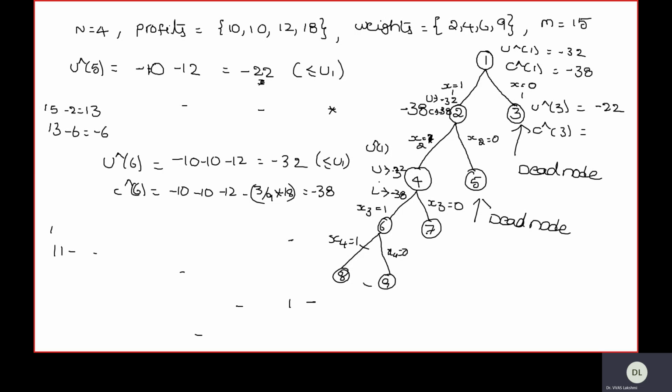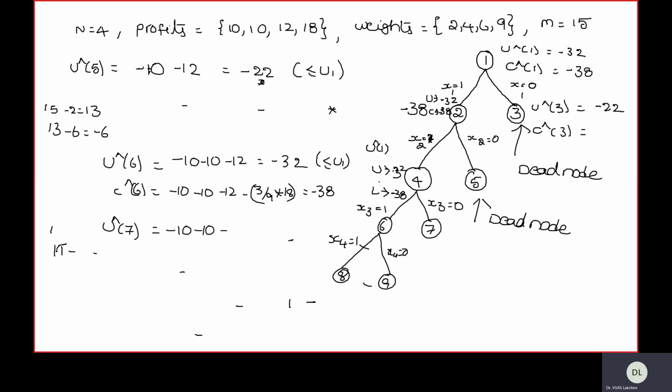Next we will consider the values of the upper bound of 7 first. While calculating the upper bound of 7, the first and second items should be considered and x3 should not be used. So the first two items give minus 10, and the capacity of the bag becomes, what is the capacity of the bag?